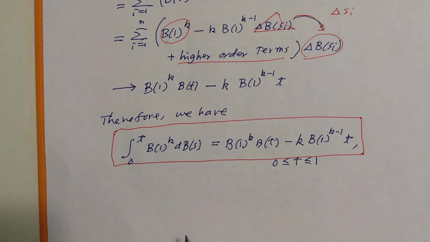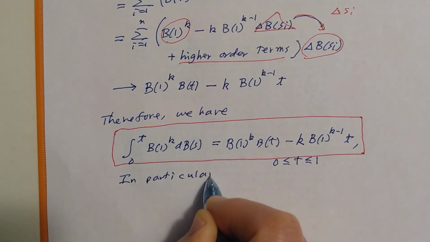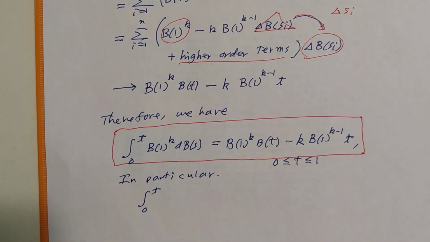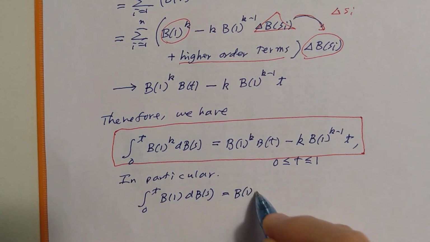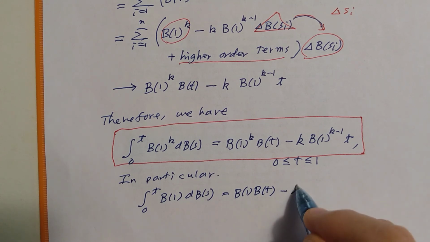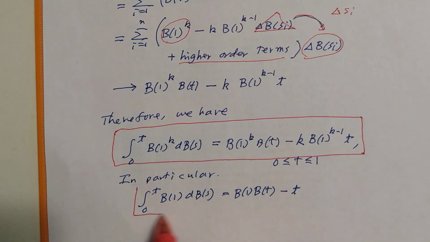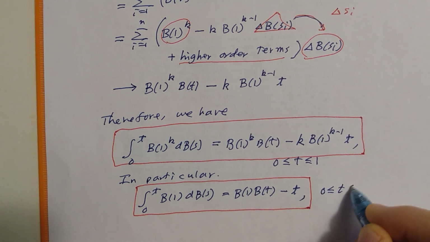In particular, the integral from 0 to 1 of B_1 dB_s is B_1 B_t minus t. And by the way, this is for t between 0 and 1.